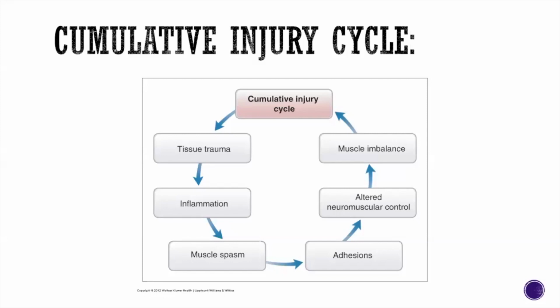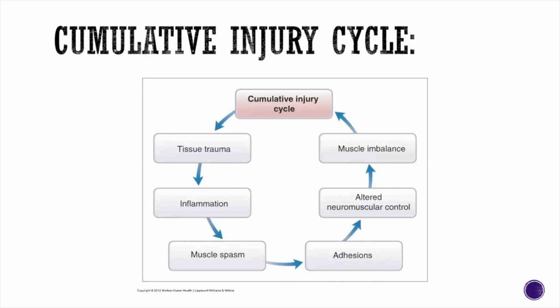So we'll end up having a dysfunction in how our nervous system is communicating with our muscular system to actually create those contractions. And ultimately, when we have that altered, we end up having a muscle imbalance that starts to occur. Now, it is small in the beginning, but then that muscle imbalance is going to feed back into this exact cycle, right?